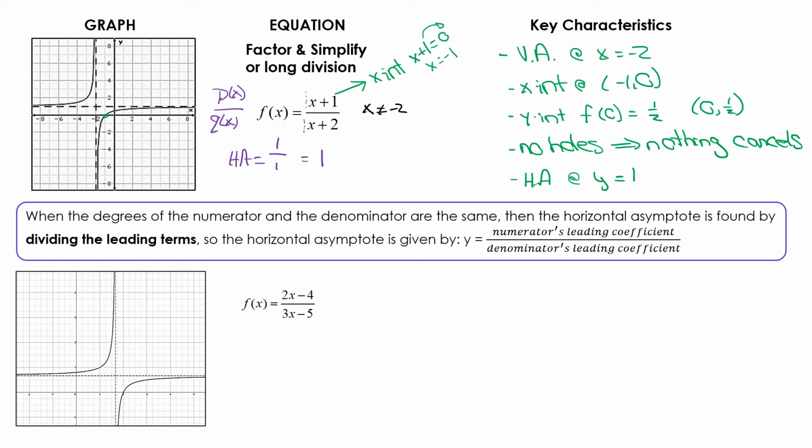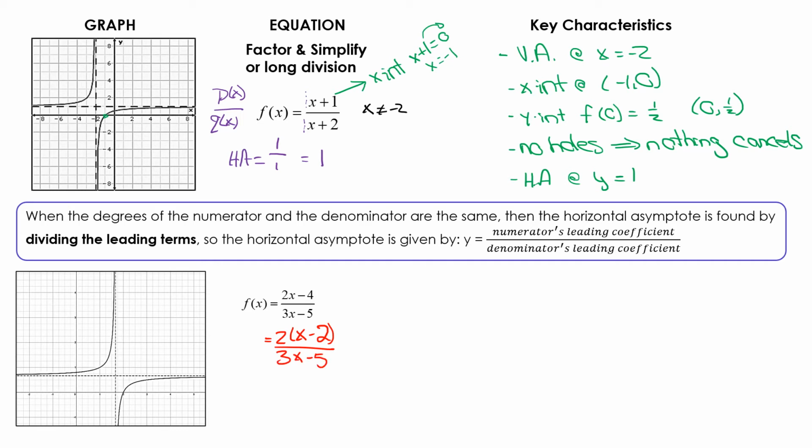Here's the equation. So what can we tell about the equation? So let's talk about the one we were just talking about, which is the horizontal asymptote. Let's start with that key characteristic. Oh, sorry, well, we've got to factor first. Let's factor first. We can do some factoring here. The numerator has a greatest common factor of 2, x minus 2, over, nothing factors here, 3x minus 5.